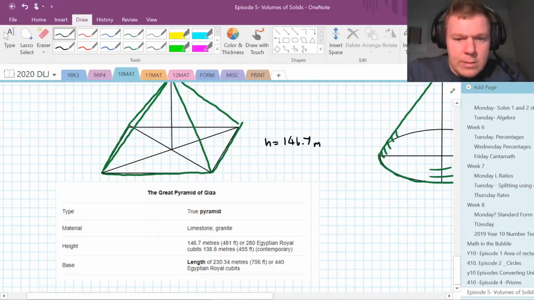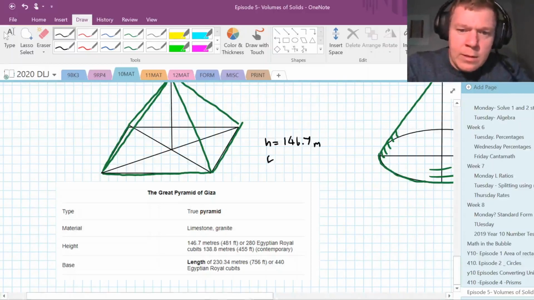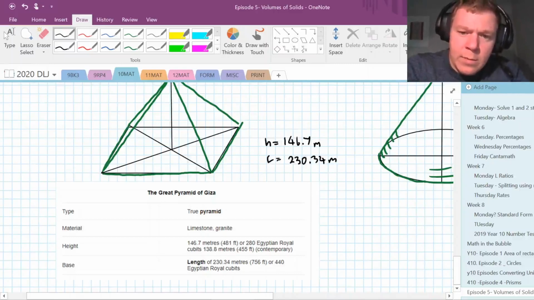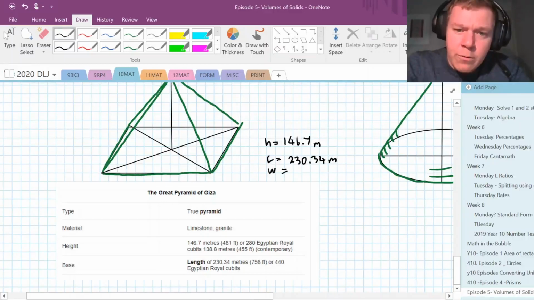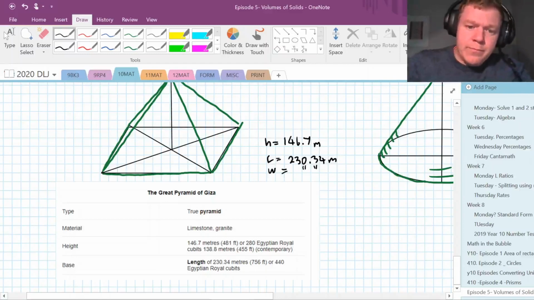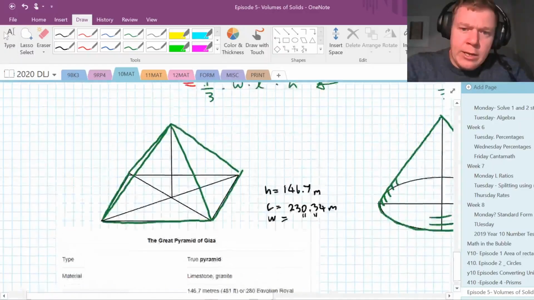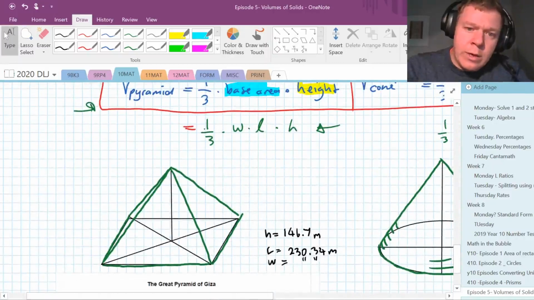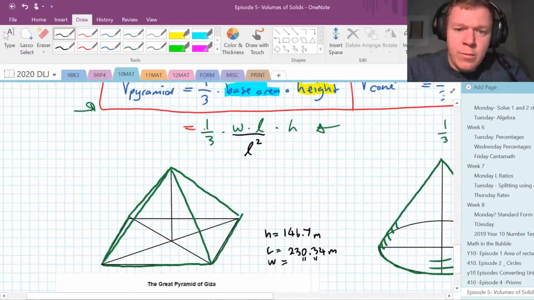The length is 230.34 meters, and I'm assuming the width is also the same because it's a square. So really, we can just do L squared instead of width times length.